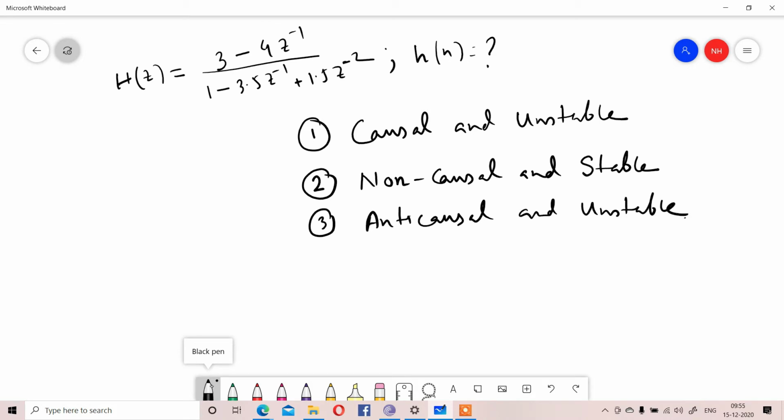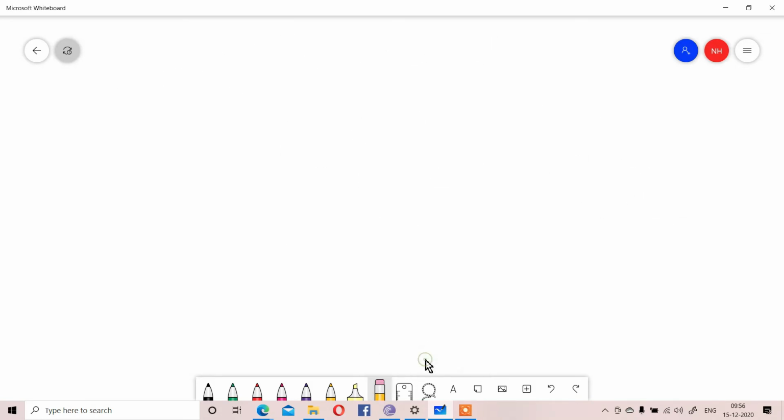So you have to write down three h[n] values depending on three conditions. Those three conditions will be satisfied by those three h[n] values. So that is your partial fraction expansion method. Next method is the residue method.